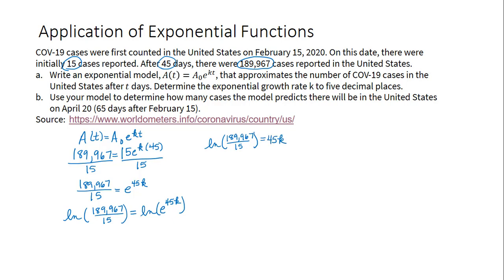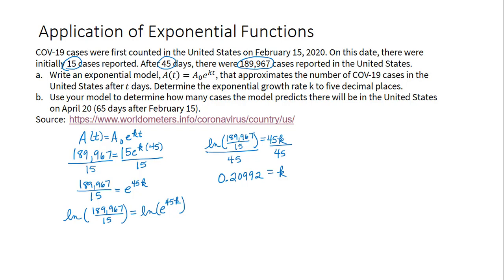To solve for k, we can divide each side by 45. Then we can use our calculator to input the expression on the left, and when we do that, we round to 5 decimal places. We get 0.20992.